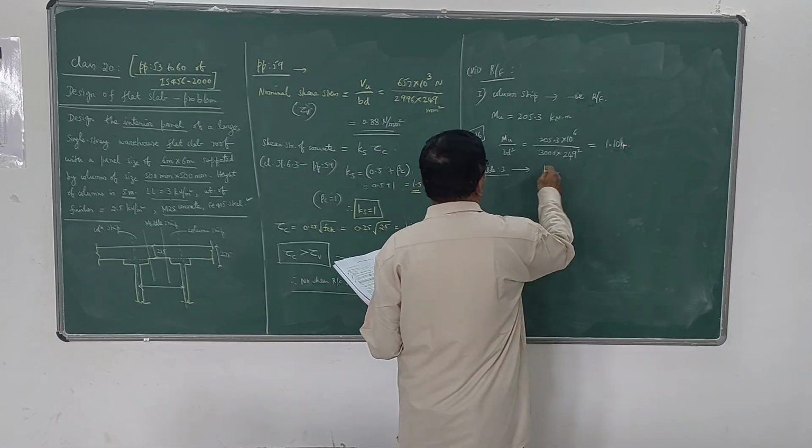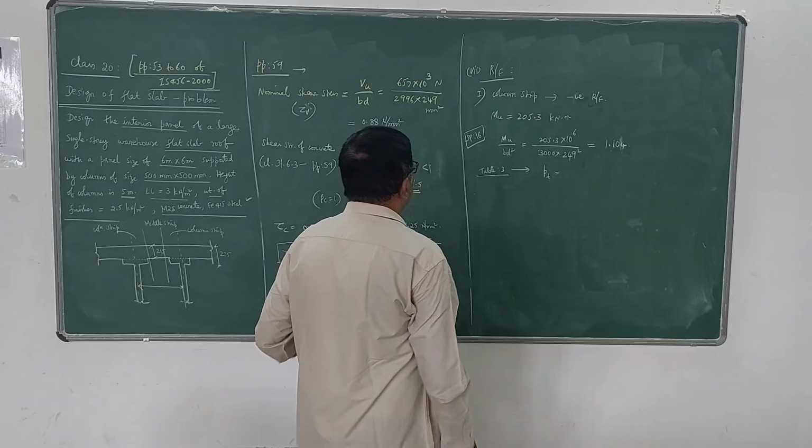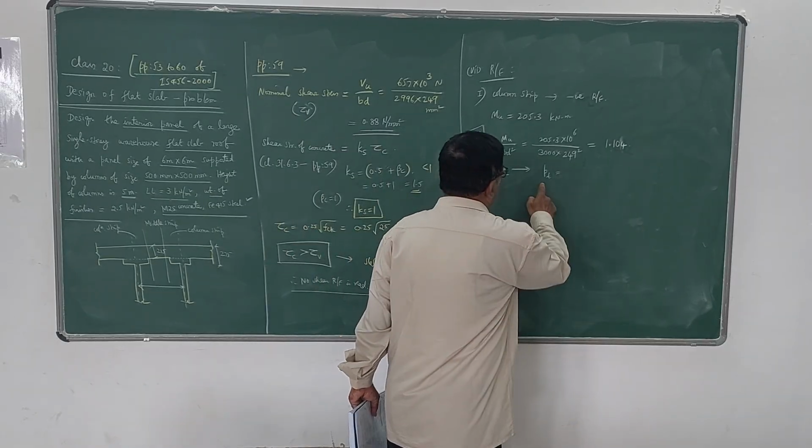So for that value of Mu by bd square, in SP16 table 3, you will get the percentage of steel directly.